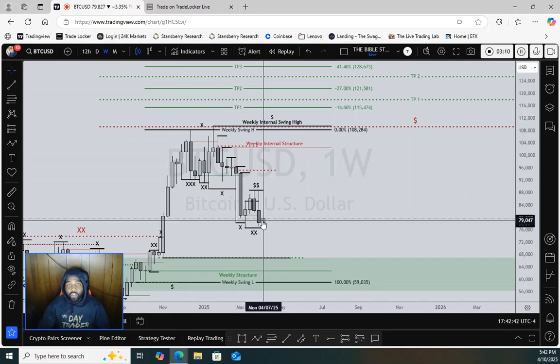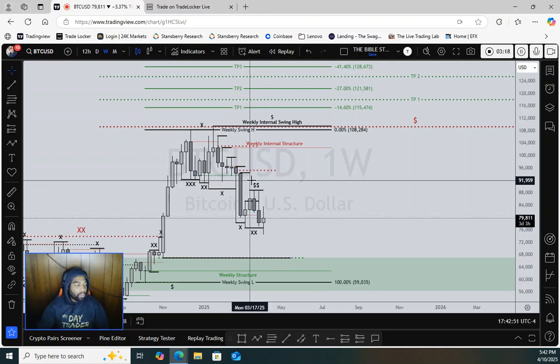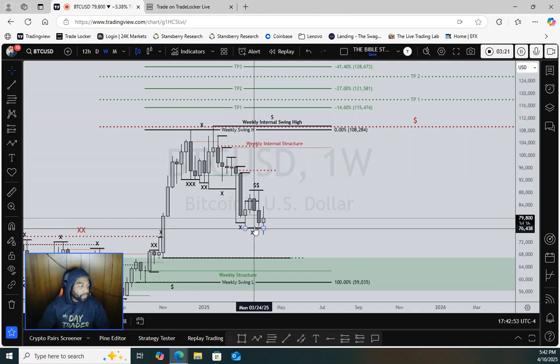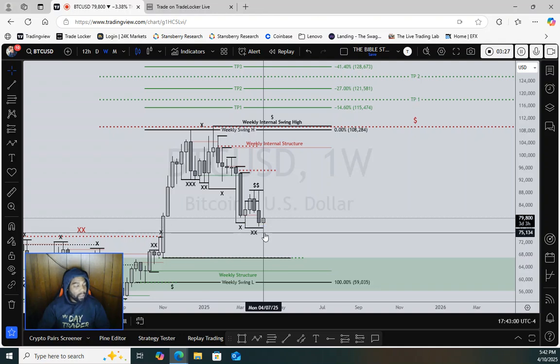We haven't got a swing point yet or a lower low because price hasn't given us a bullish counter pattern. So price is still selling here. And then price established these equal lows here, which this week has already pierced these equal lows.